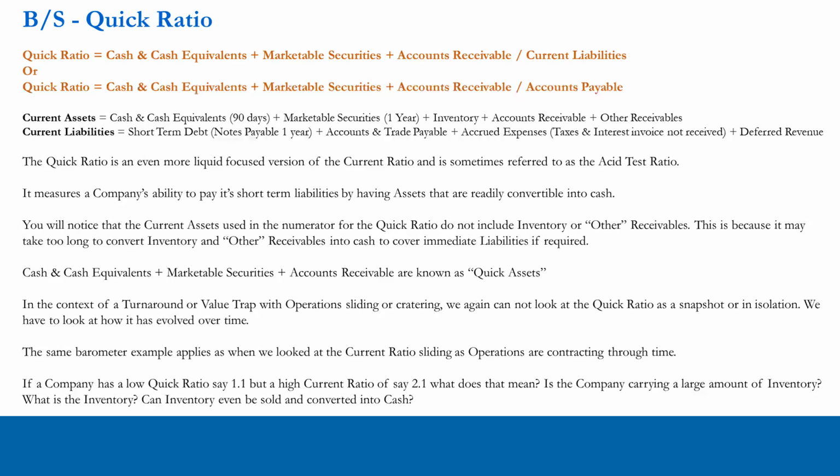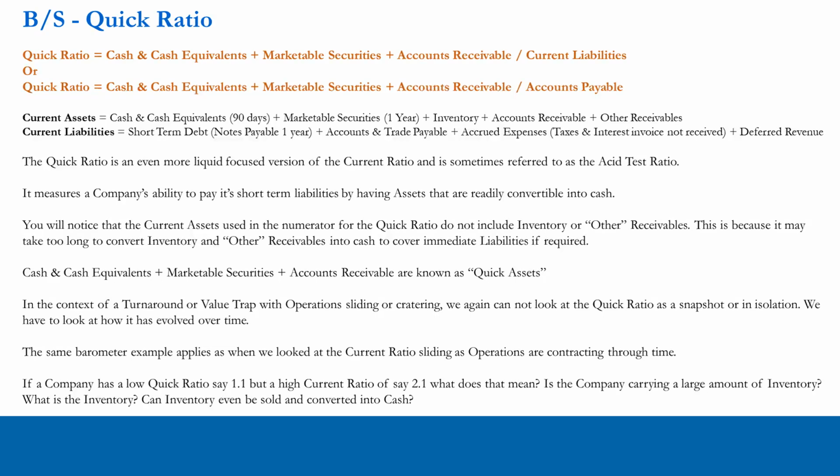Or as an alternative calculation, we have our cash and cash equivalents plus marketable securities and accounts receivable over accounts payable. So the quick ratio is an even more liquidity-focused version of the current ratio, and it's sometimes referred to in the market as the acid test ratio.